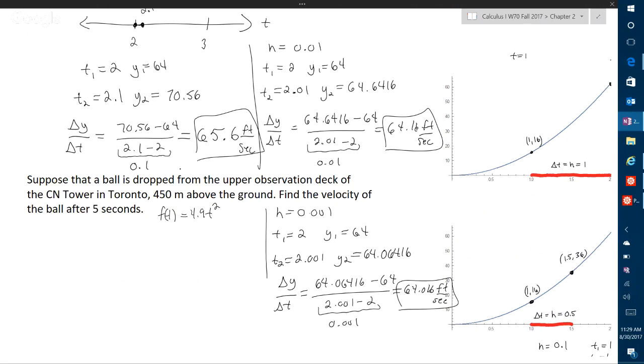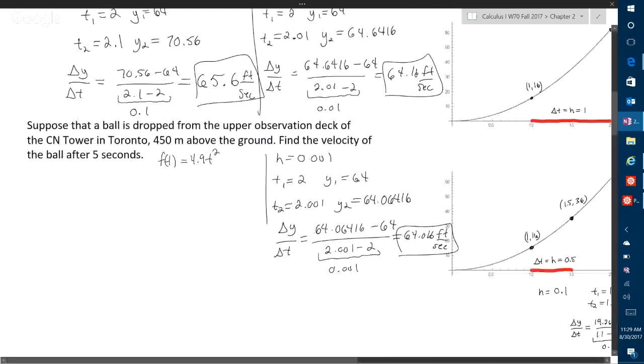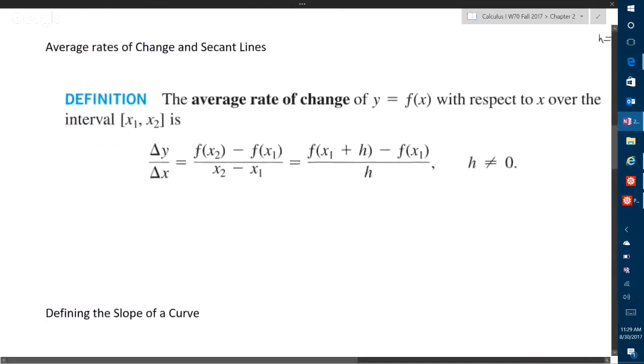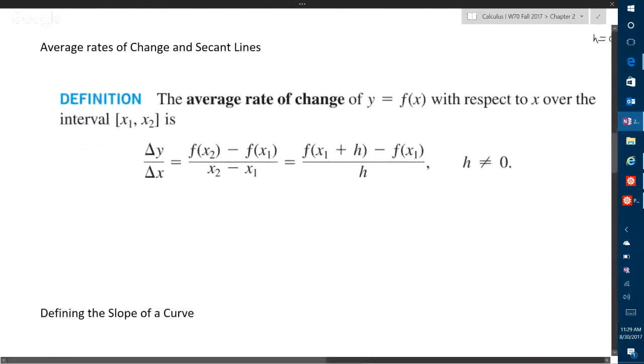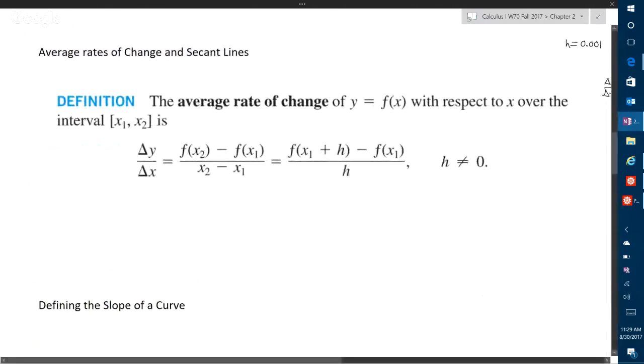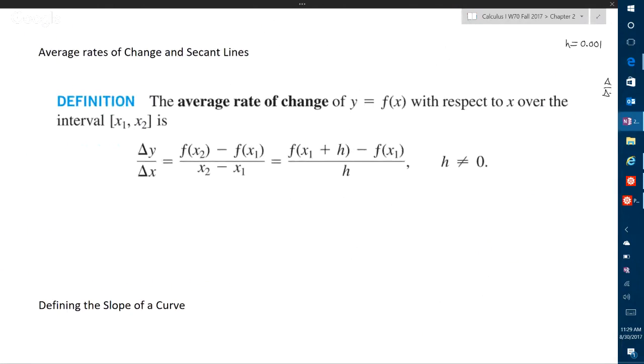Okay, so have you noticed a lot of the examples that we were going over, we're always using t. Of course, it's not always going to be t. It could change to x. And let me go to the definition already, just to show it to you. The average rate of change, y is equal to f of x, with respect to x over the interval x1, x2 is defined as this, which is basically what we've been going over.